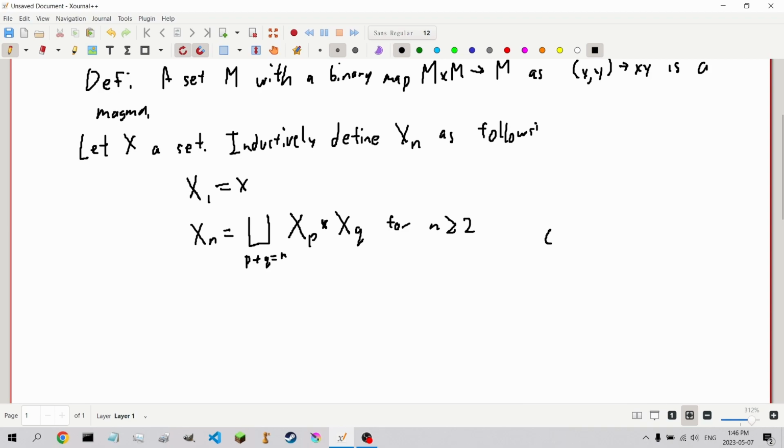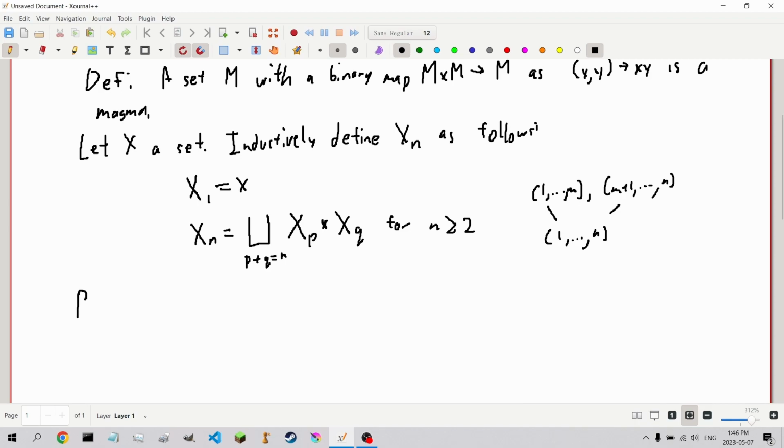If we have n items, it is explicitly of the form 1 through m, and m plus 1 through n. Even if all the items are the same, if the split is in a different place, it's considered a different item. And this will make sense when we get to see what a free magma is exactly.